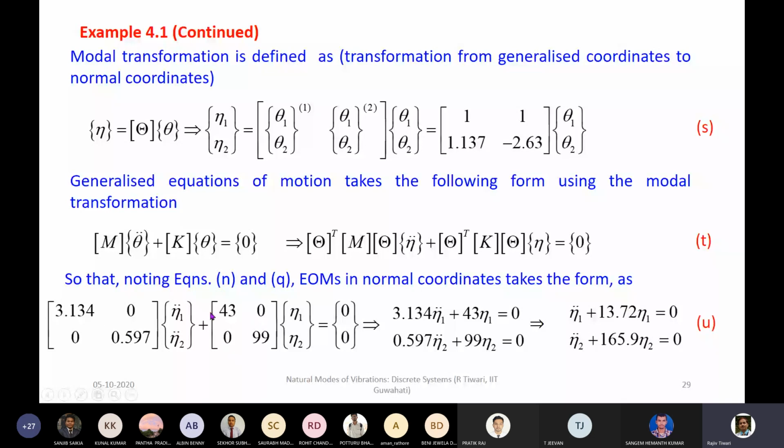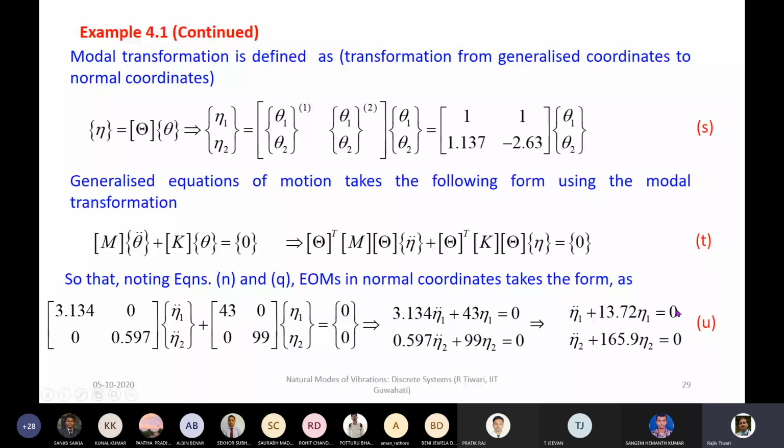So if I expand these equations, I'll get two uncoupled equations. This corresponds to the first mode. This corresponds to the second mode. And individually these can be solved. If we divide this through by this, I'll get omega 1 square, and if I divide this through this, I'll get lambda 2, which is nothing but the natural frequency square.